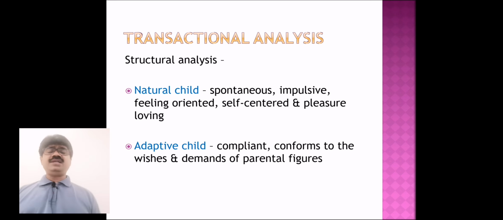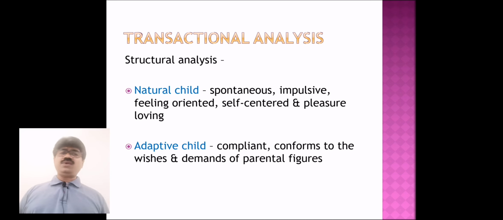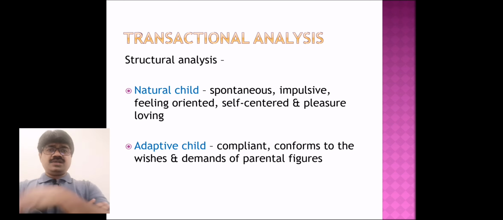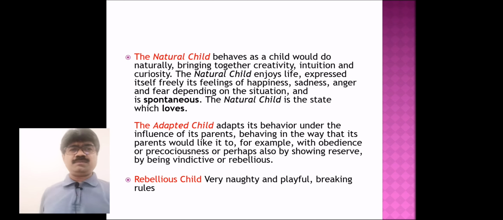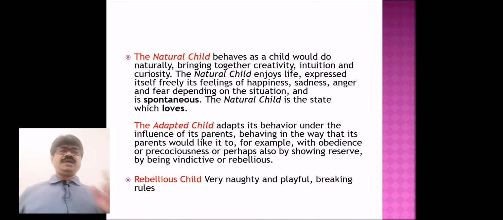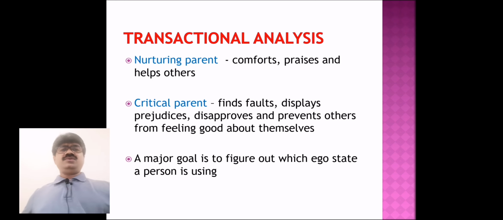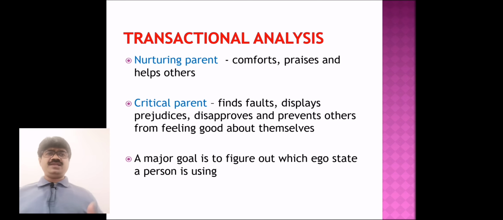The natural child is spontaneous, impulsive, self-centered and pleasure-loving. The adaptive child, as I already told you, is very compliant, very obedient, and conforms to the demands of the parental figures. The rebellious child is very naughty and playful, always breaking rules. So these are the different types of child egos.